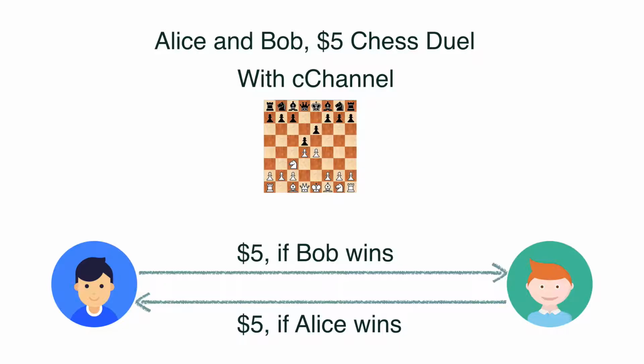This is the key point I'm trying to deliver: for a generalized state channel, it's all about state conditional dependencies. So Alice pays Bob $5, and the condition is that this payment will only become valid if Bob wins the game, and Bob will do the same thing.